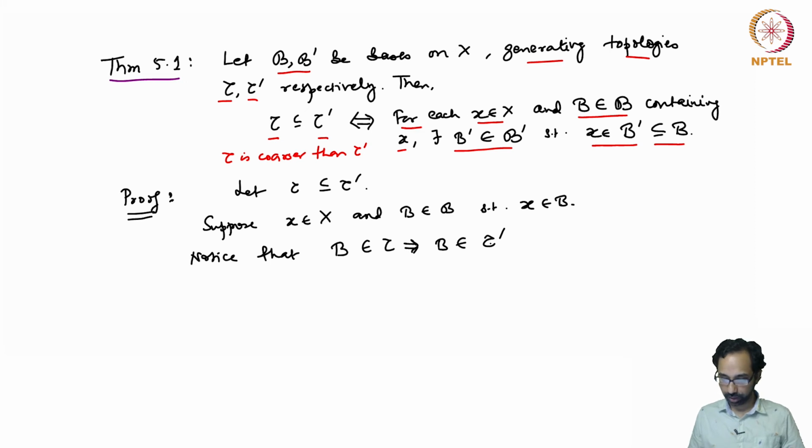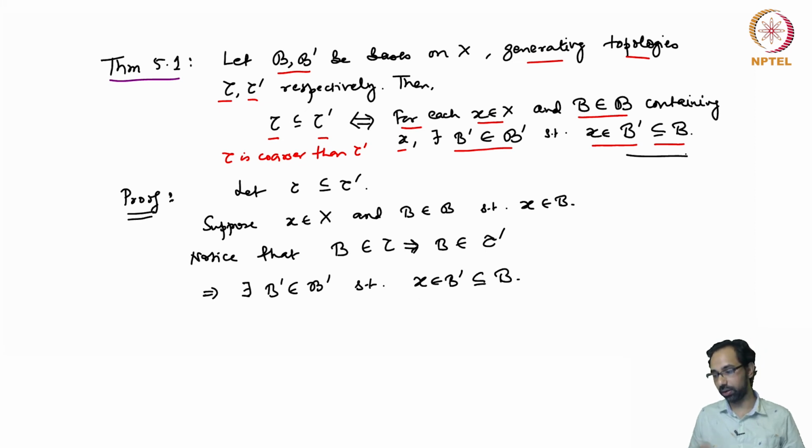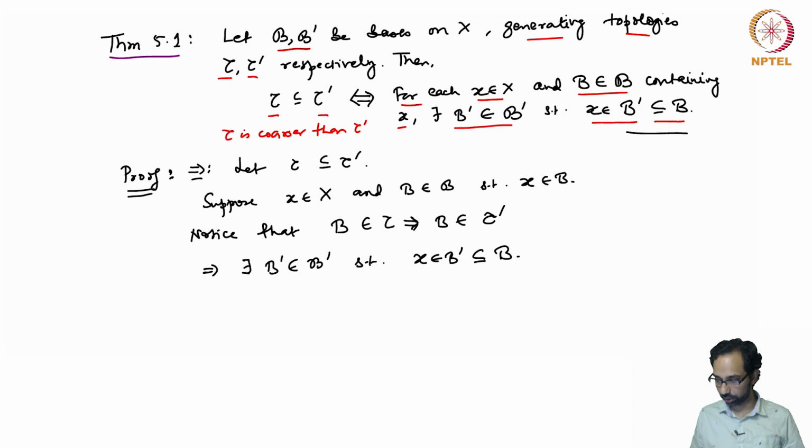Because it is an open set in tau prime, this implies from the definition of the topology tau prime as generated from basis B prime, that there exists a B prime in B prime such that x belongs to B prime and it is a subset of B, which is exactly what we wanted to show. So the forward implication is proved, and now let us look at the reverse implication.